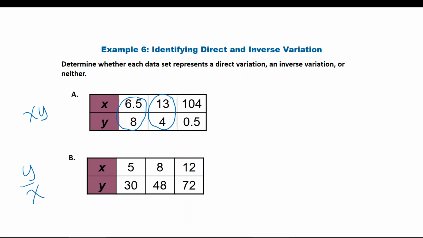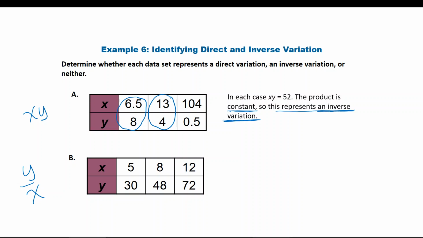I don't know 6.5 times 8 offhand, but I do know 13 times 4 is 52. When I put in my calculator 6.5 times 8 and 104 times 0.5, I see that x times y in each case is 52. So the product is constant, so this represents an inverse variation.